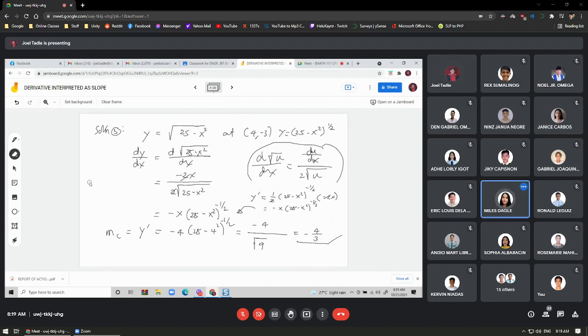So ang derivative sa 25 minus x squared kay negative 2x man, di ba? So mao na ang numerator. Sa denominator kay copy 2, then i-copy sad ang square root of u. So 25 minus x squared.